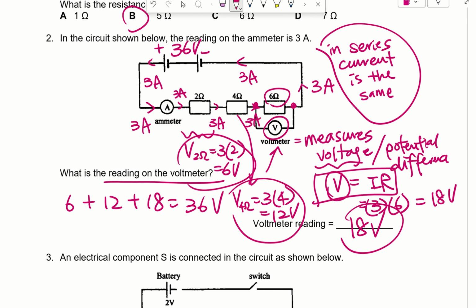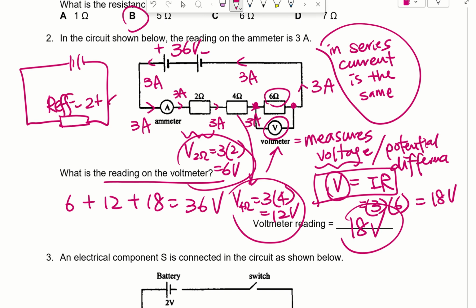Now, you know that in a series, the resistances are connected in series, right? So I can actually find the REFF. The REFF is actually 2 plus 4 plus 6, like the previous question. So I will have a total resistance of 12 ohms.